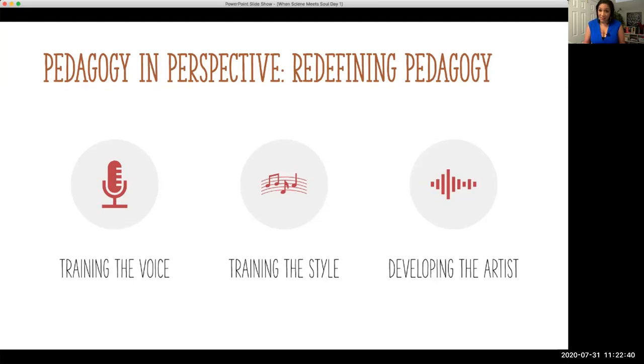And it's not that I'm creating a hierarchy, but what I am saying is that you need to make sure that you are understanding what you're using, why you're using it, and you're adjusting your parameters for teaching according to what is required of that style.